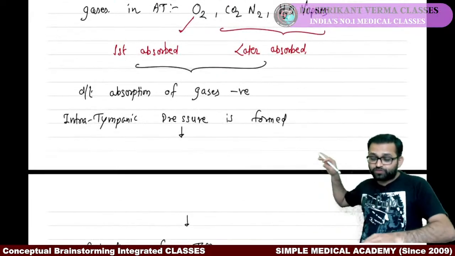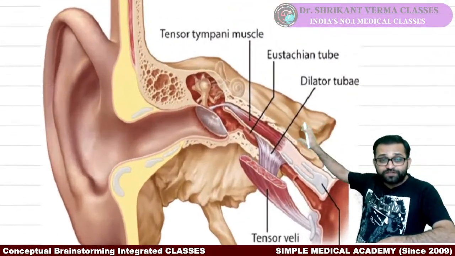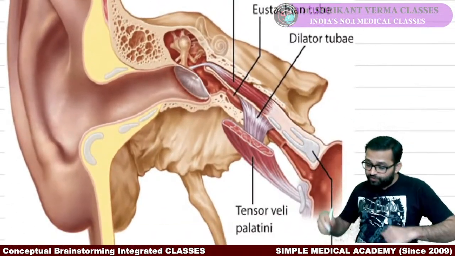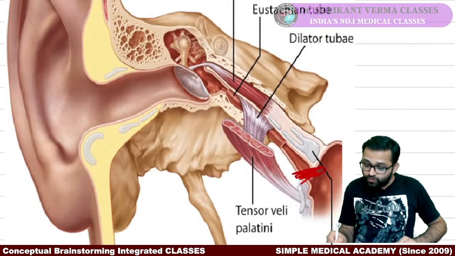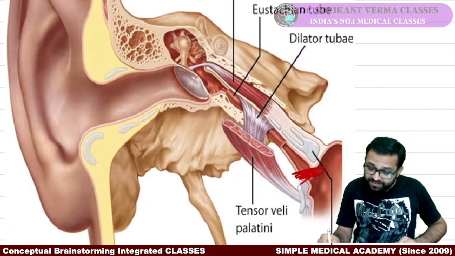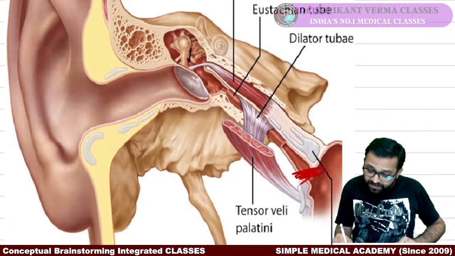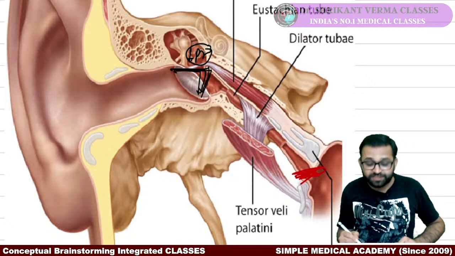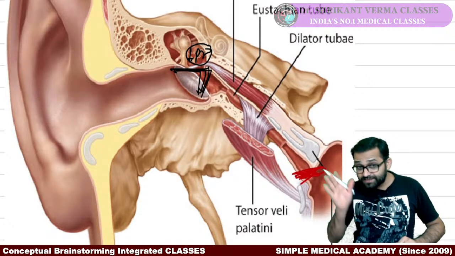Ultimately, in this situation there is closure of the auditory tube. If it is blocked, gas is absorbed here and pressure decreases inside, so the tympanic membrane is getting more and more retracted, going inside.